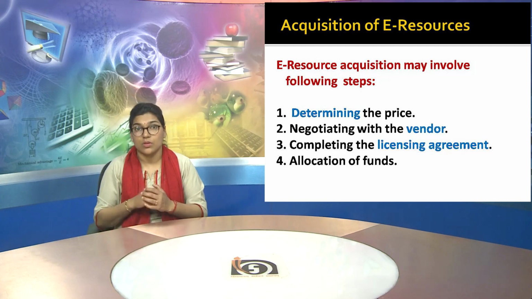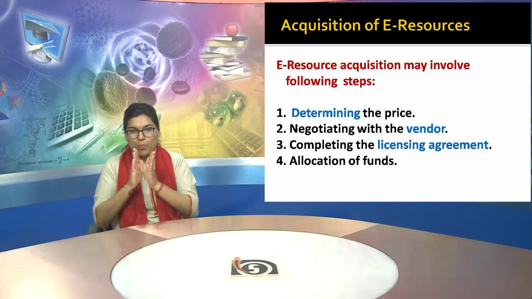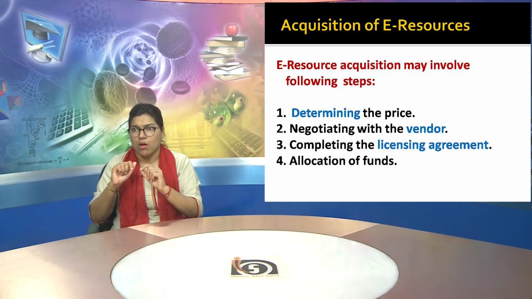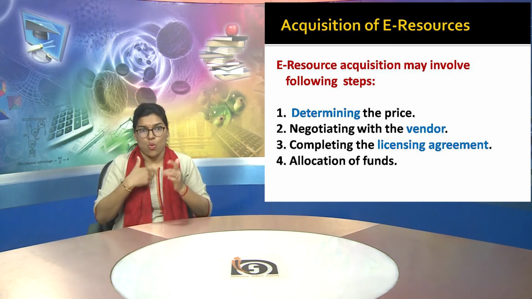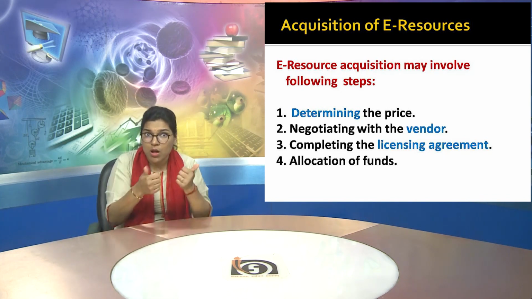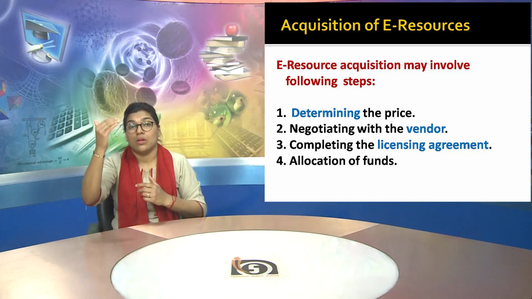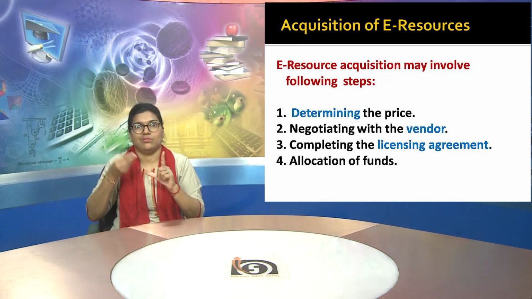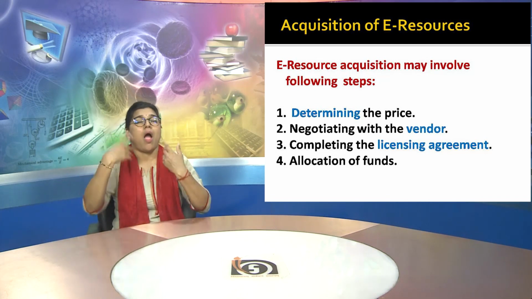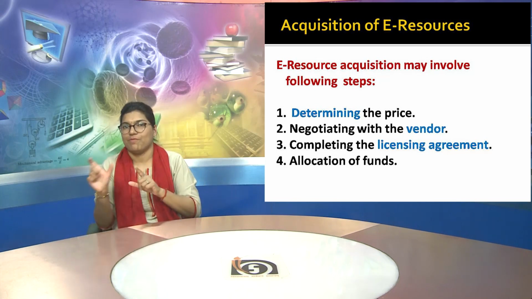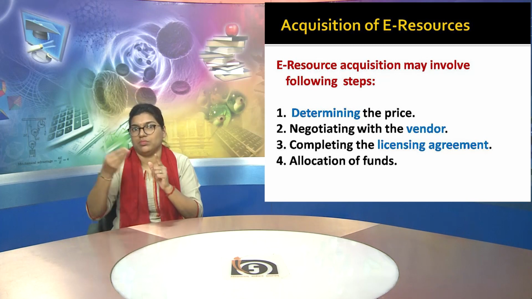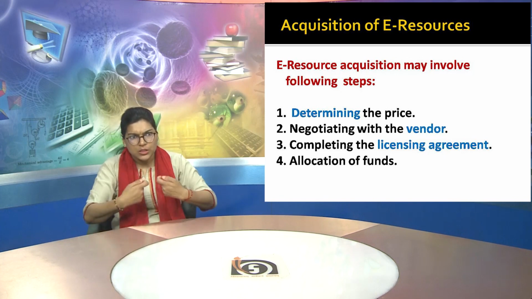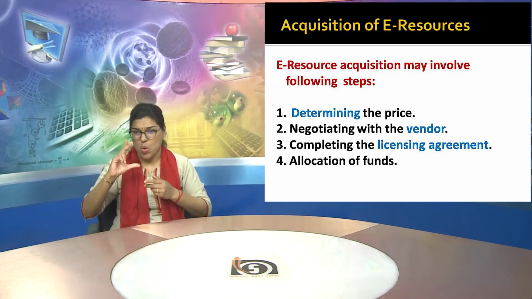Then second step is negotiating with the vendor. This negotiation can be related to the content, related to the price. And after the second step, the third step is completing the licensing agreement. So all the terms and condition which we both agree, that comes under this licensing agreement. And then the fourth step is allocation of funds.